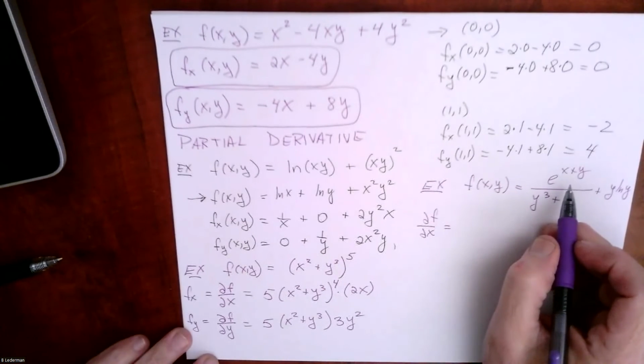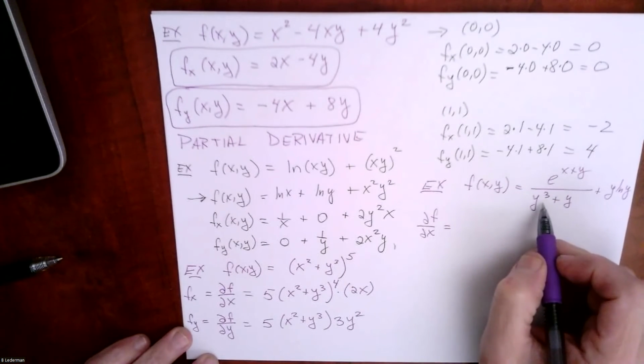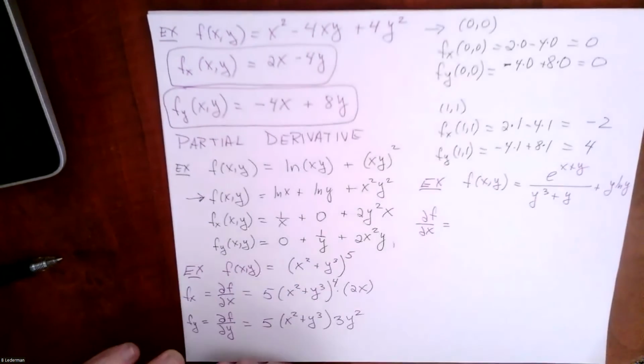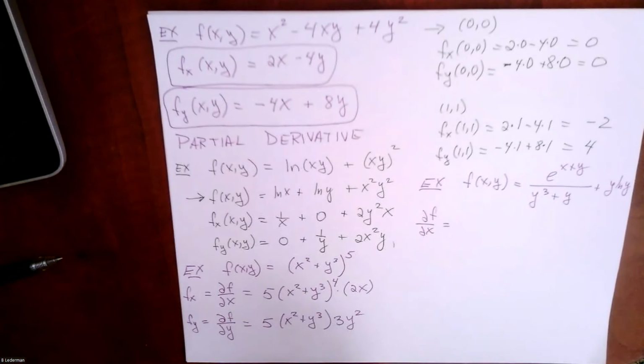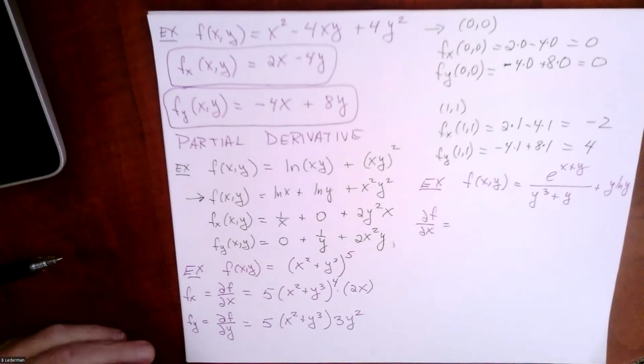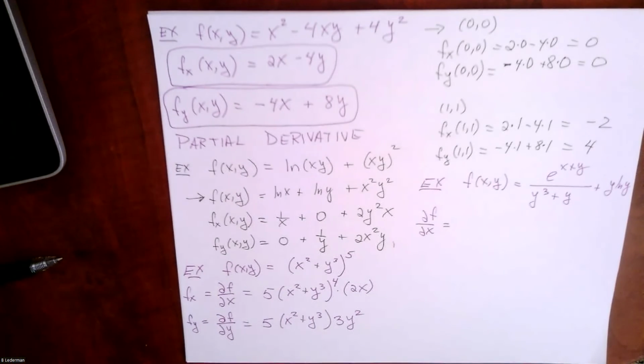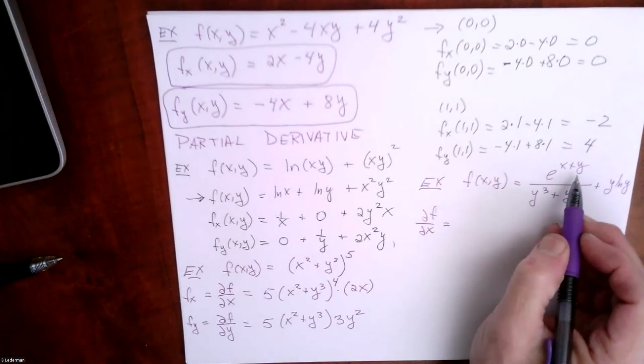Basically the y cubed plus y is just a constant, and it's going to just come along for the ride. Now, if a constant is added on, the derivative just disappears to 0. But if a constant is being multiplied, then the constant just sticks around, so to speak. So I'm looking now at e to the x plus y.